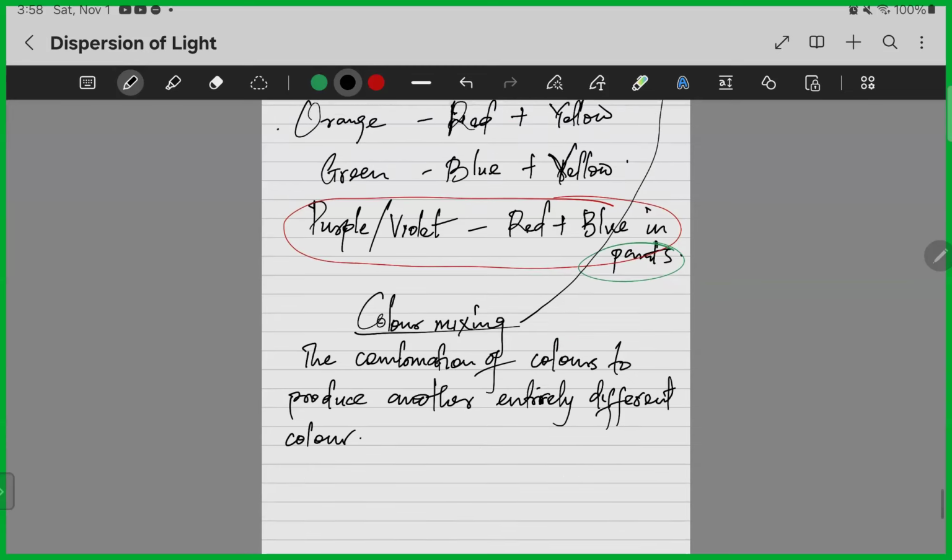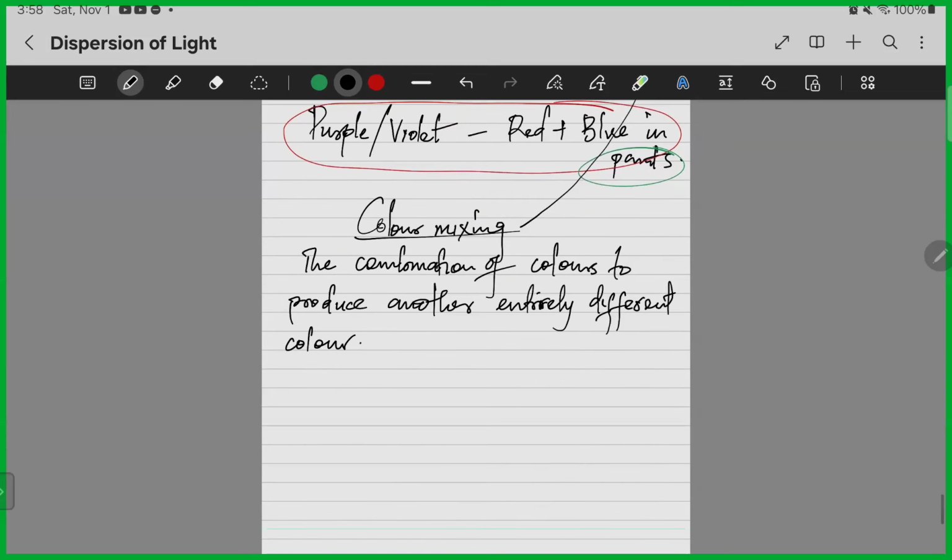The combination of colors to produce another entirely different color is color mixing, and it can happen by addition.